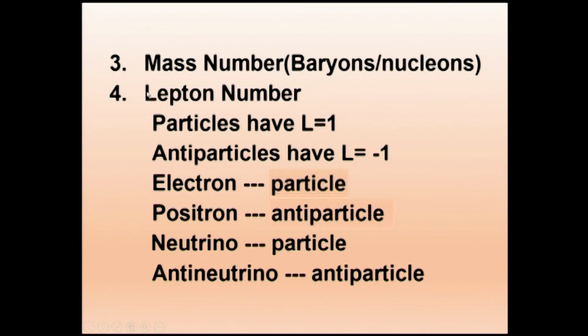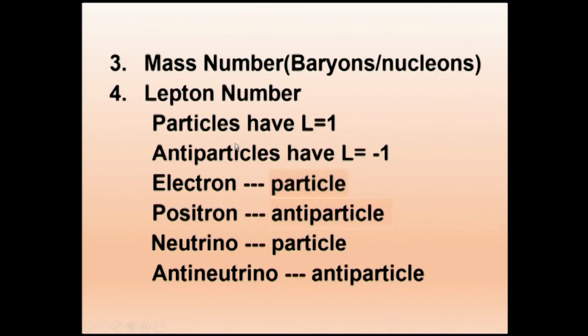Then we have the lepton number, which is conserved. When you say lepton, remember the letter L, for light particles. Light particles are called leptons, so the number of light particles will remain constant. The lepton number is constant, and all the light particles have lepton number L equal to 1, while antiparticles have L equal to minus 1.